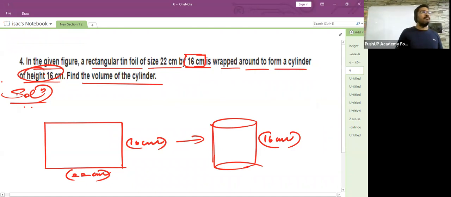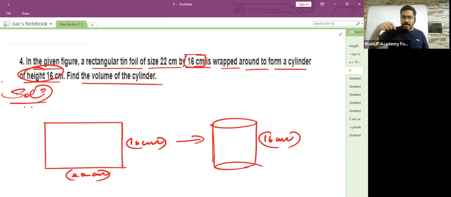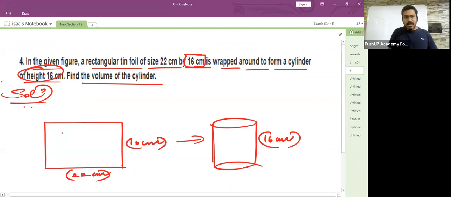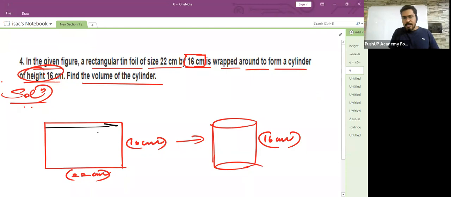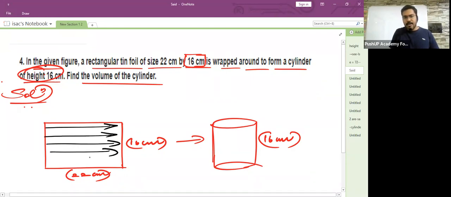So indirectly they are telling you, whatever was the breadth of the rectangular foil has to become the height of the cylinder. So children, can't I say you have to wrap this tin foil along the length of this foil? Do you agree with this? Try to visualize it, children.